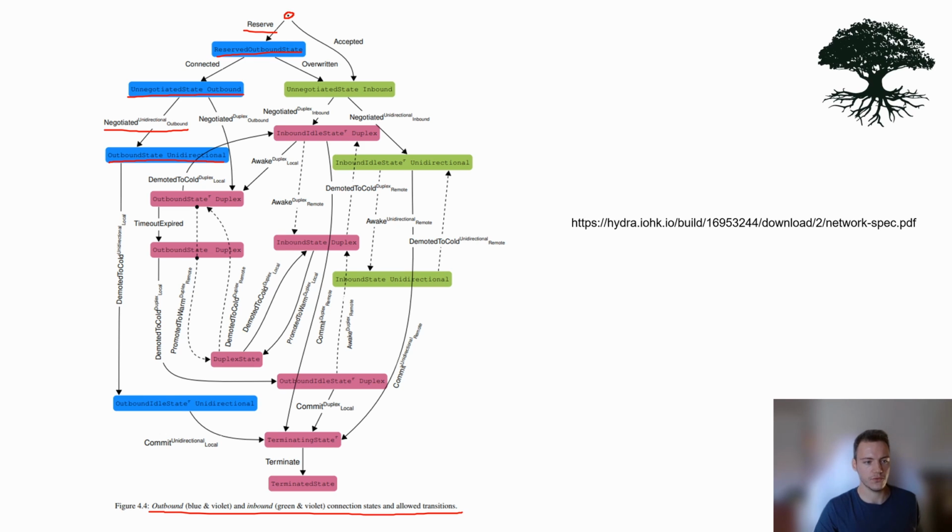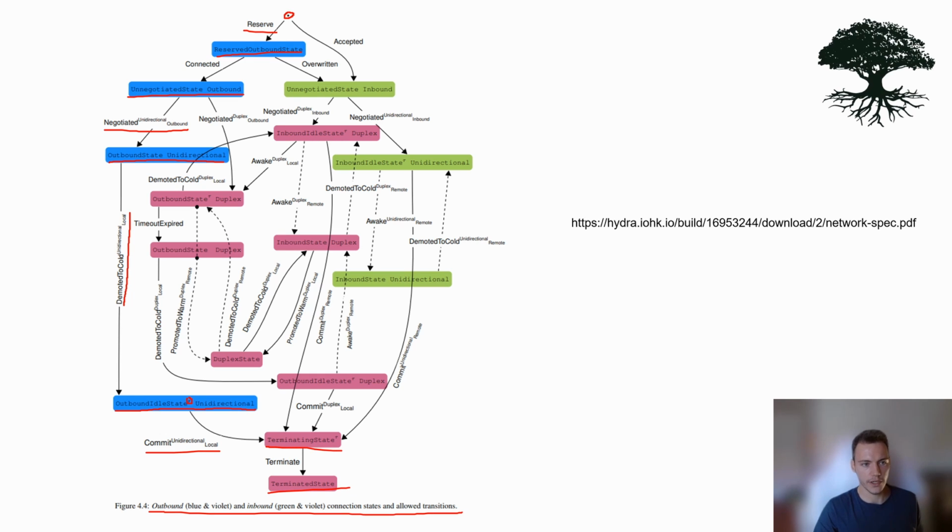If our node stops using the mini protocols, the demoted to cold method is called, and it puts the connection in an outbound idle state with this timeout. I think this signifies a timeout. If this timeout expires without the mini protocols being restarted, the commit unidirectional local method is called and the connection is terminated.